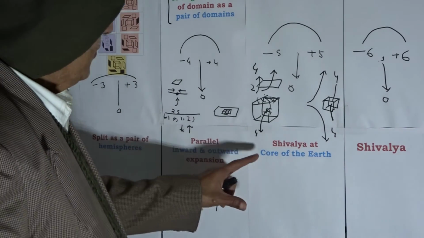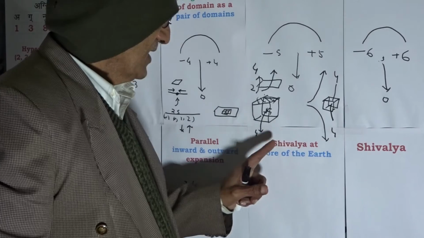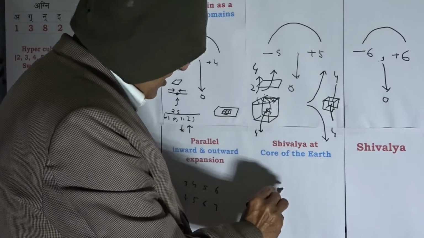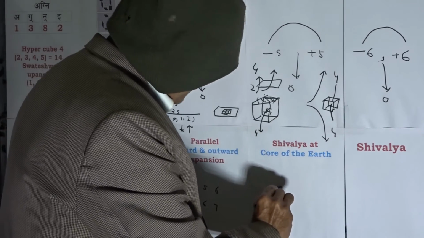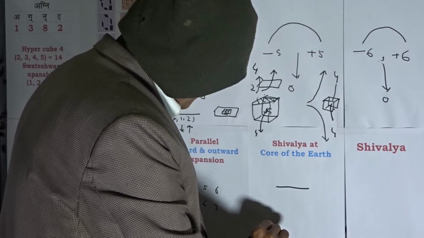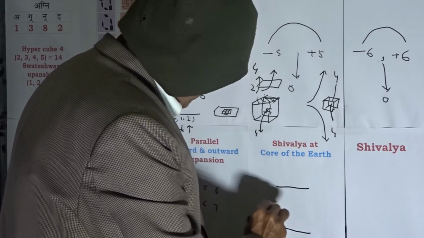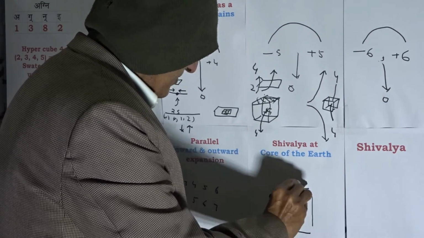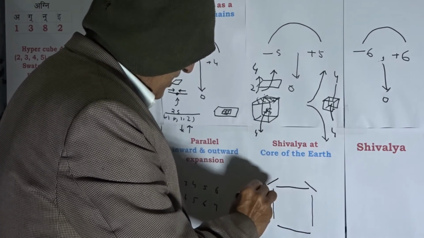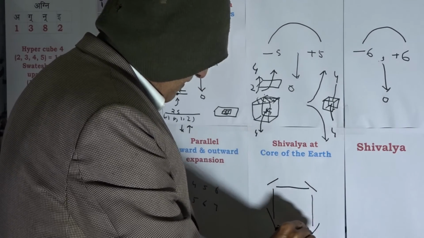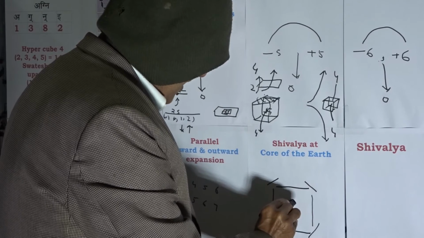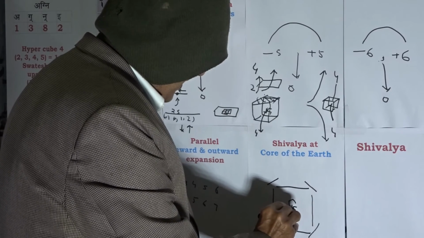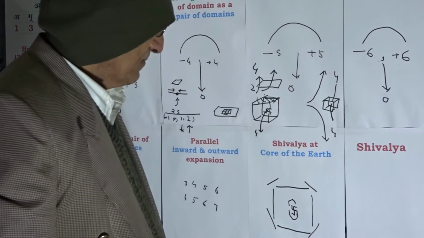And then we know Shivalya is at the core of the earth. As such, the sadhakas fulfilled with intensity of urge to be parallel to the organization format of Shakala Rigveda Samhita shall initiate oneself with the format of a hypercube 4 as the initiation point, as the starting point.